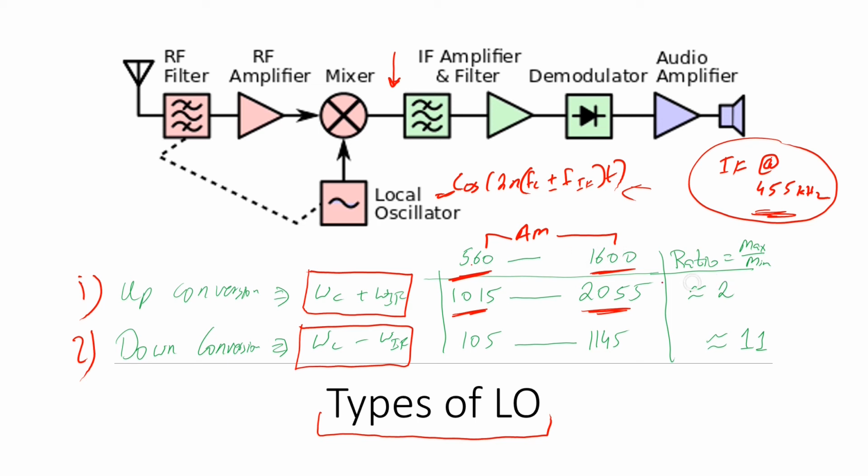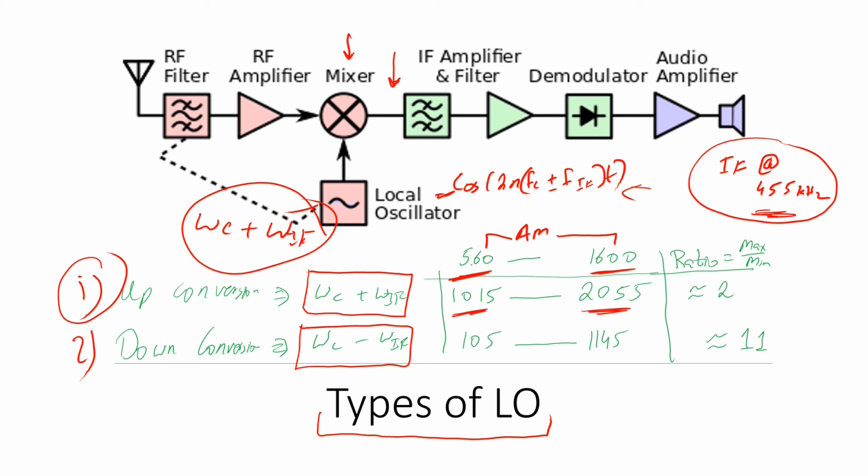The lower the ratio, the easier it is to tune into a particular station. Hence we select this 2, and that is why up conversion is better than down conversion. In most cases you will just see up conversion, that is the local oscillator is omega C plus omega IF.